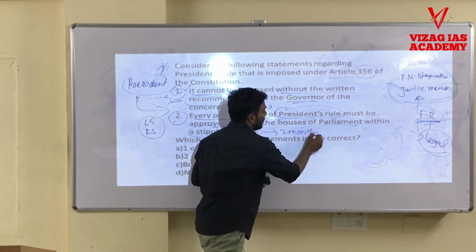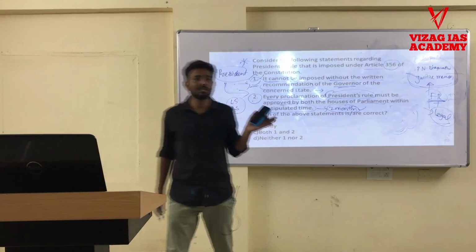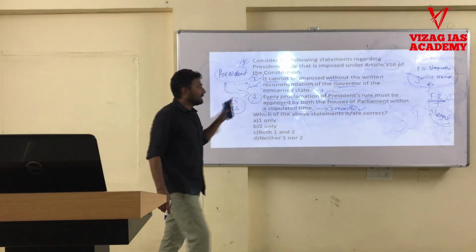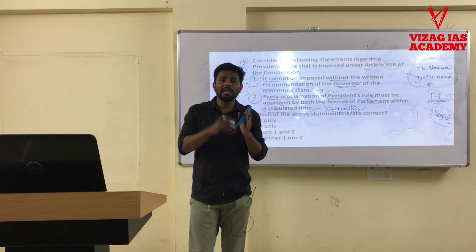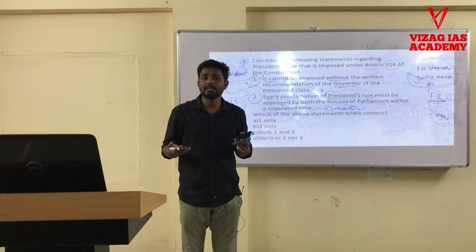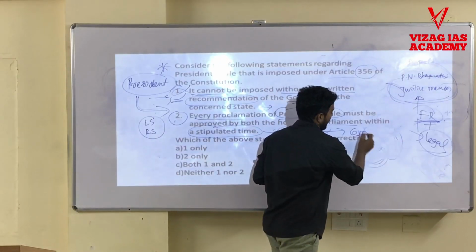Within 2 months both Lok Sabha and Rajya Sabha must approve the proclamation of president's rule, otherwise it lapses. If they approve, then how long does it last? It lasts for 6 months.